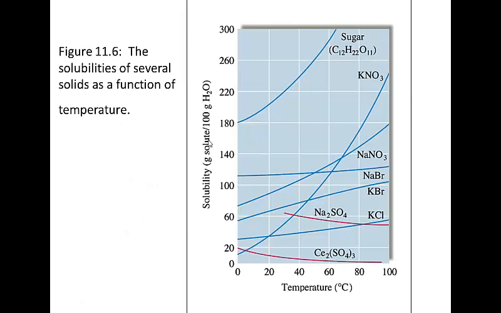This is a solubility map or solubility graph of a variety of solids. This is a map that shows these solids at a variety of temperatures also. A couple of things to note.